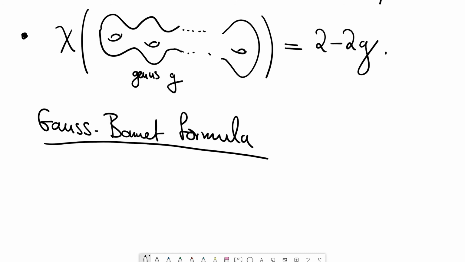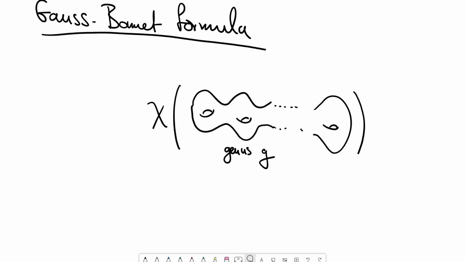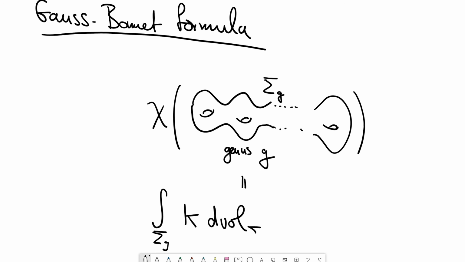The Gauss-Bonnet formula says that this Euler characteristic is the same as the integral over the surface, so let's call the surface maybe sigma g. It's the same as the integral of the Gaussian curvature integrated over the surface.